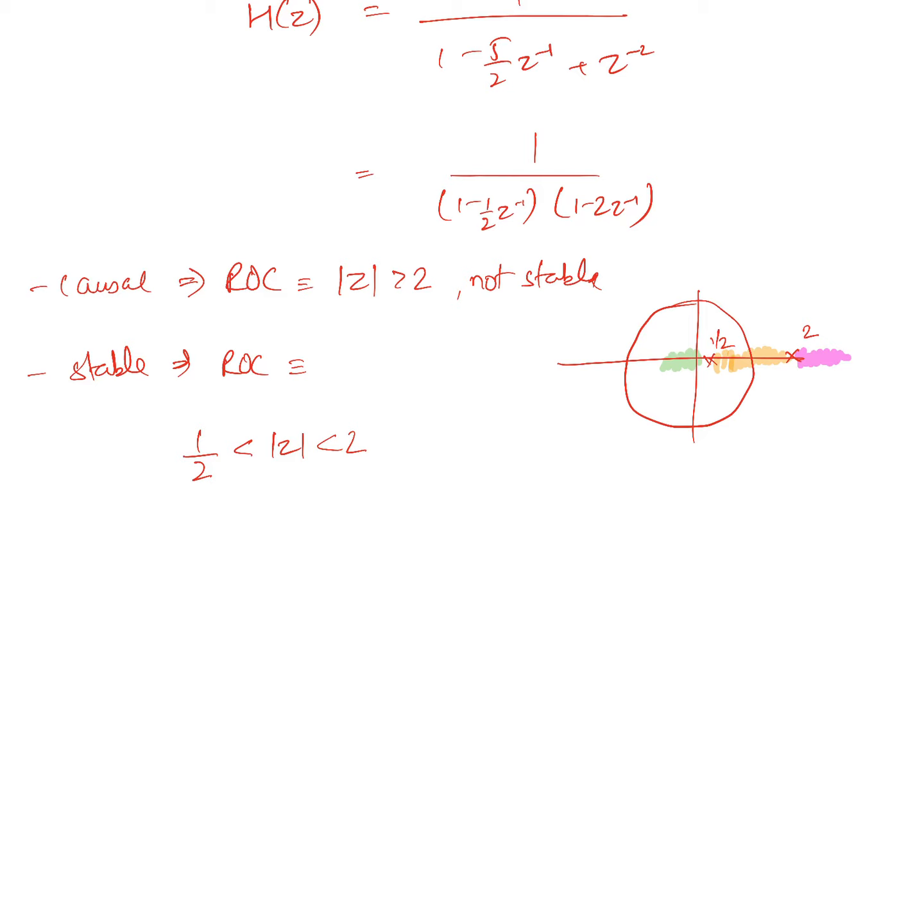But since it's an annulus, your h of n will be a two-sided sequence, and for causality your h of n should be a right-sided sequence. So if you want your system to be stable, in that case it is not causal.